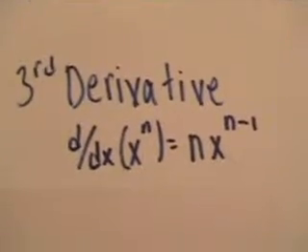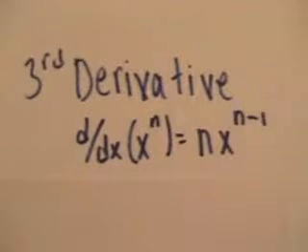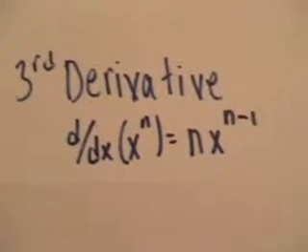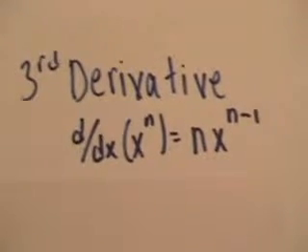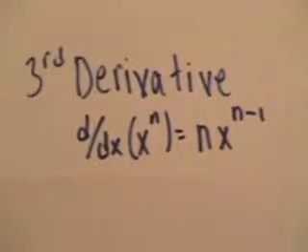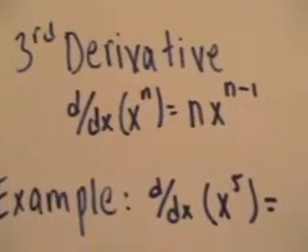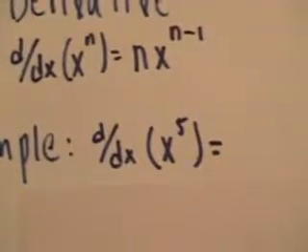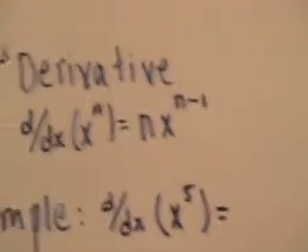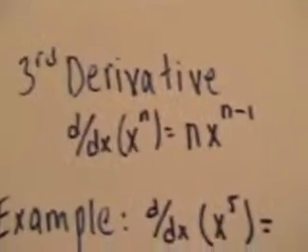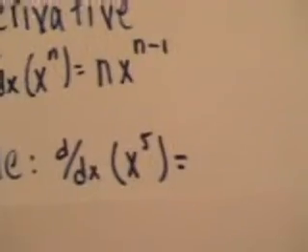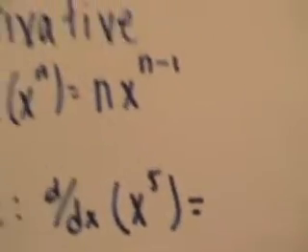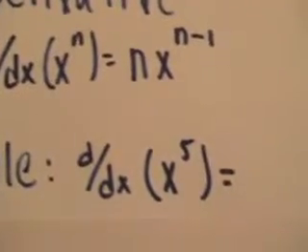The third derivative is d over dx of x to the n power equals n x raised to the n minus 1. After an example, this would be very easy to understand. The example is find the derivative of x to the fifth. Following the format of the derivative before, we know that the 5 has to come out in front of the x.